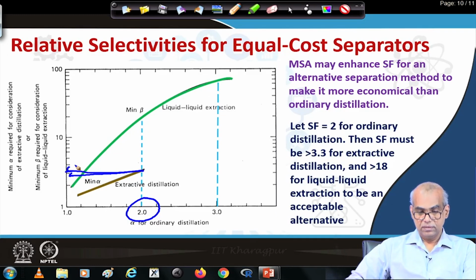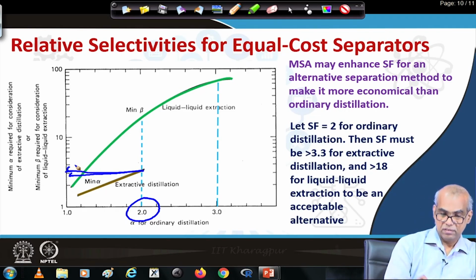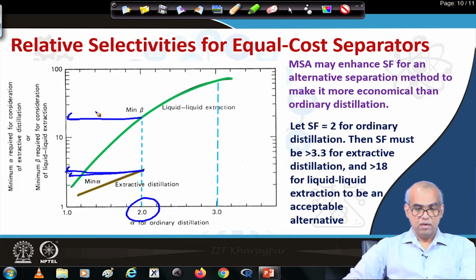And if I want to use liquid extraction in place of ordinary distillation, the selectivity for the liquid extraction process should be as high as 18 or above. Then only the extractive distillation or liquid extraction will be a more attractive or acceptable alternative compared to ordinary distillation.